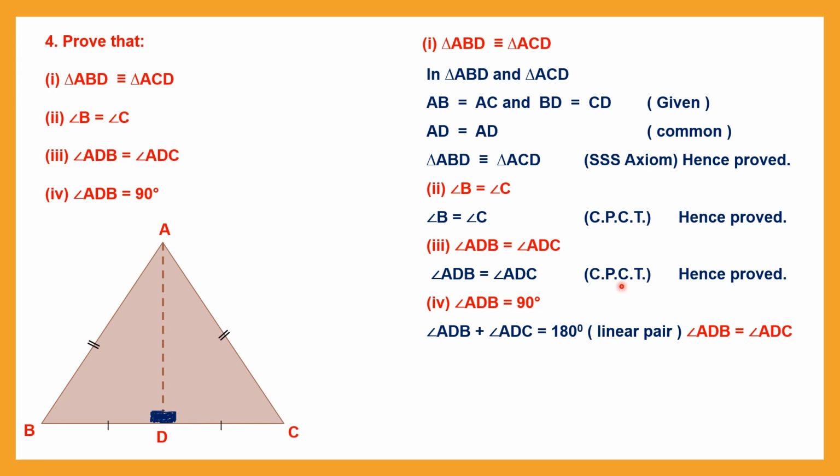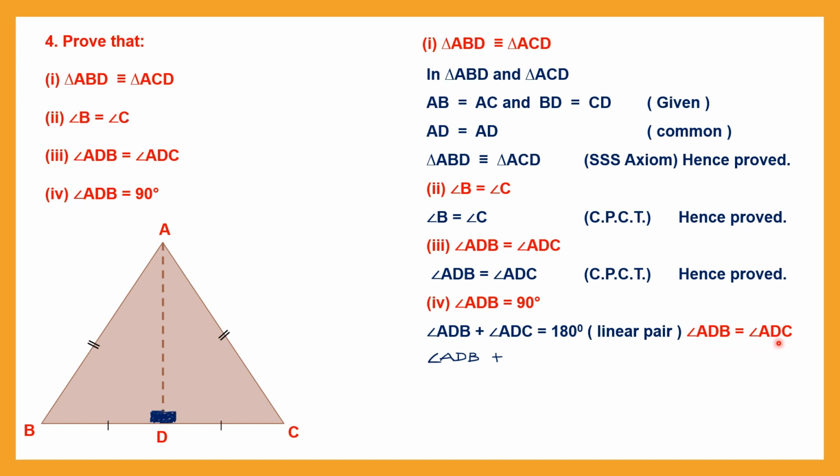Now remember, we just showed here that angle ADB is equal to angle ADC. Now, when we have to find angle ADB, we will write it as it is. That is, we're going to say angle ADB plus angle ADC, isn't it? Instead of angle ADC, I'm going to write angle ADB again. How can I do that?